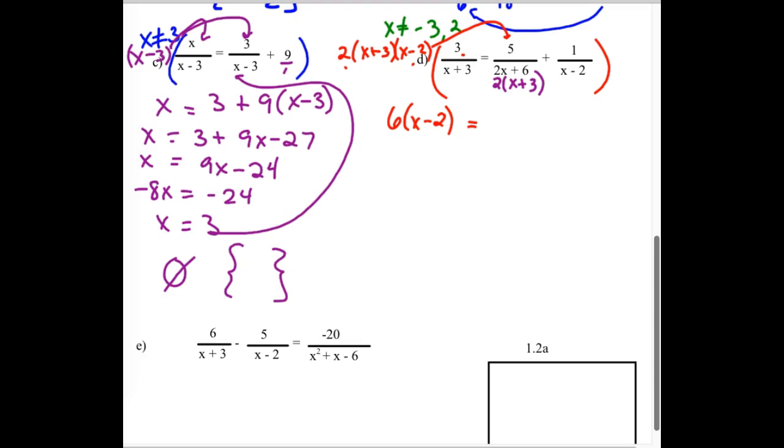I still have an x minus 2 and the 5, so those are going to get multiplied. And then for my third fraction, the x minus 2 piece drops out, so those are gone. I have 1 times 2 times x plus 3. Questions on how I ended up with those pieces?